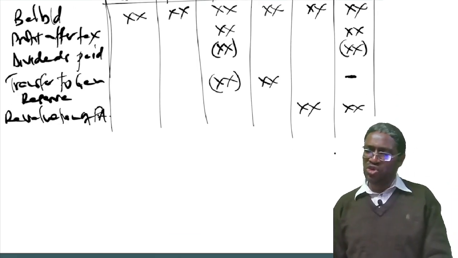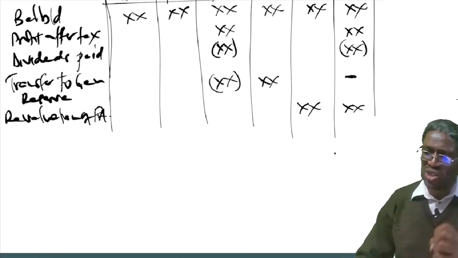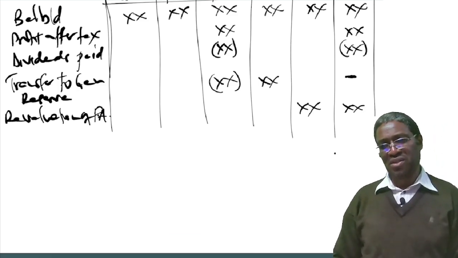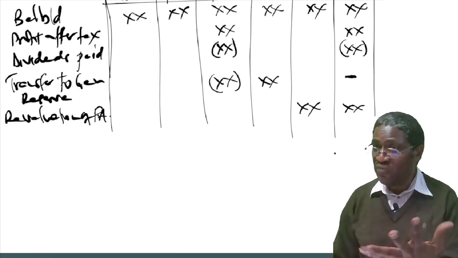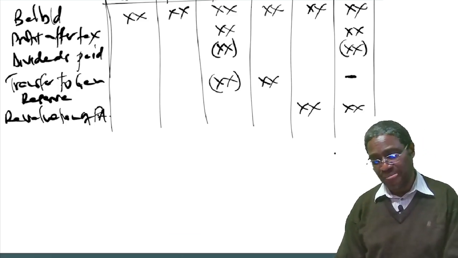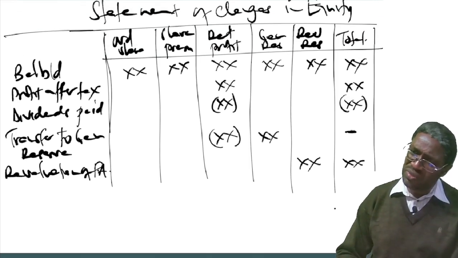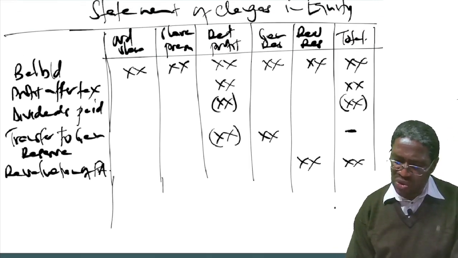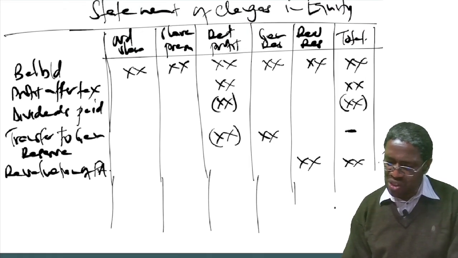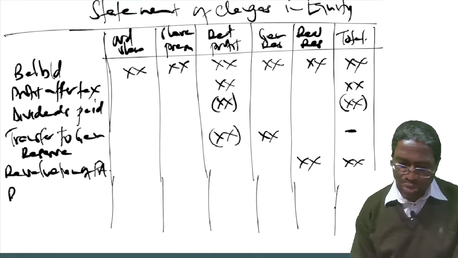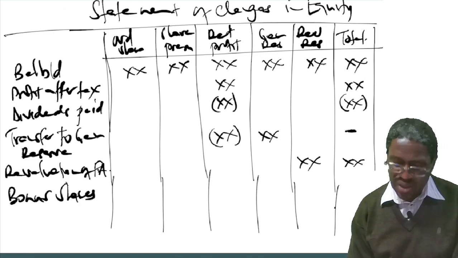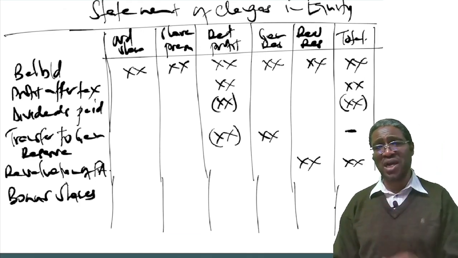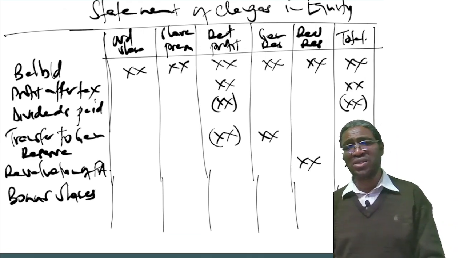Maybe during the year, you issued some shares. Shares will affect share capital. That's obvious. That's part of equity. Let me also assume that you did not just issue any shares, you issued some shares we call bonus shares. You did not issue shares by cash. You issued bonus shares.